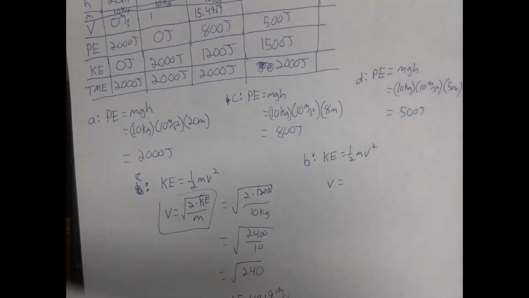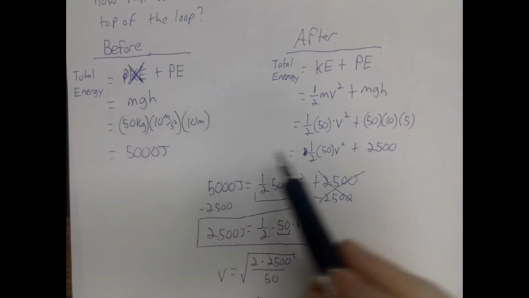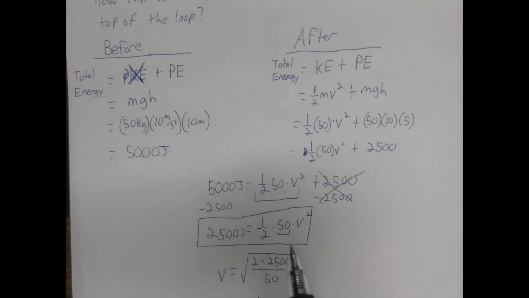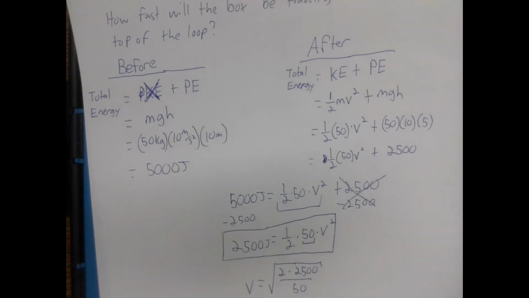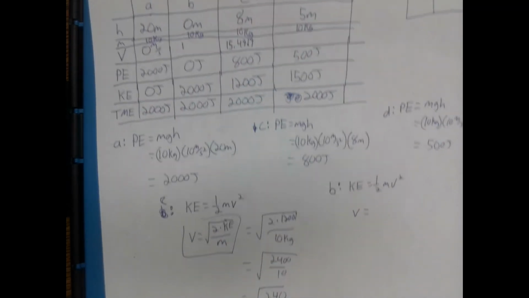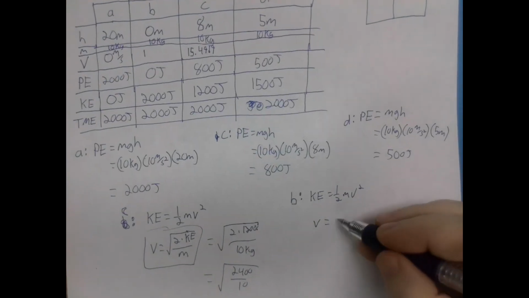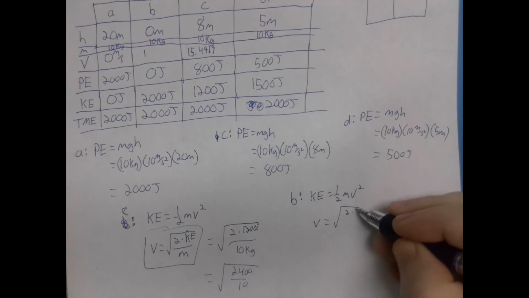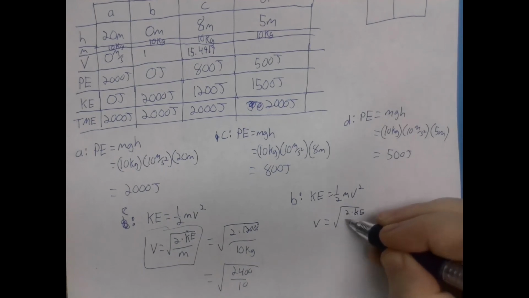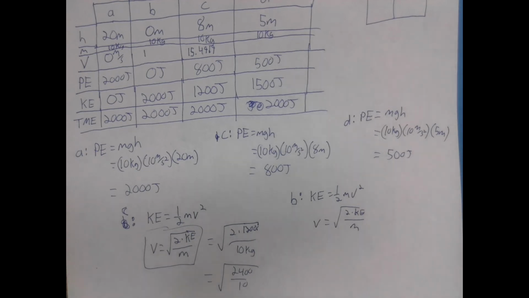This first example, we solved more mathematically. This is closer to algebra. This one doesn't require algebra when I give you this equation. So looking at B, this is the square root of 2 times kinetic energy divided by mass.